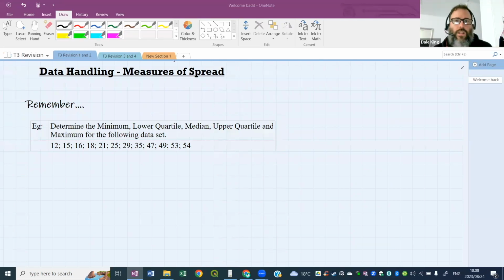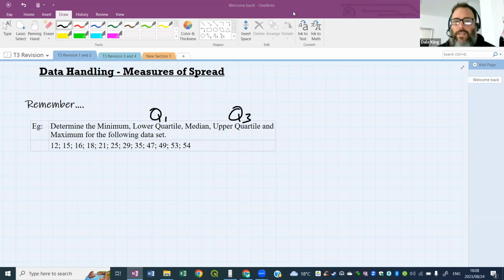What is lower quartile? What's the letter for lower quartile? Yes, all right. So lower quartile is Q1. And upper quartile is? Q3, yes. Q3. Guess what the median is called as well. Sometimes the median is also given a letter.